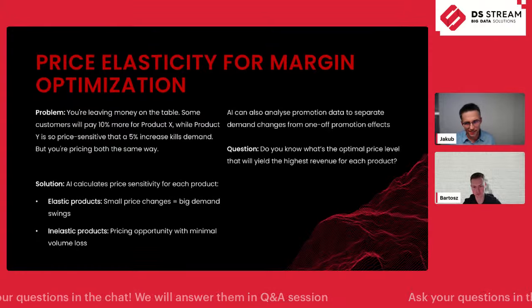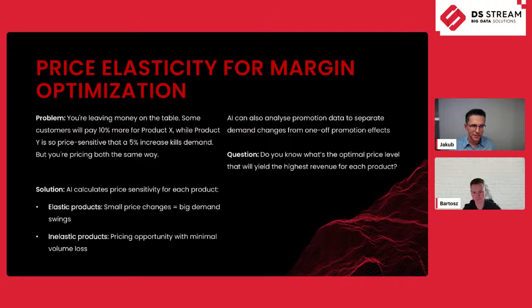Yet in many cases, we price them the same, and AI can help us with this. It can of course, at scale, quantify the sensitivity of each SKU, showing which products are elastic, so which small price changes lead to big volume shifts, and which are inelastic, so where we can experiment with margin a little more and with little risk. And what is more, recent AI applications can also allow you to separate the base demand from changes from short-term promotion events, right?